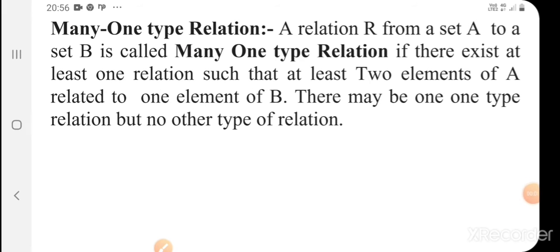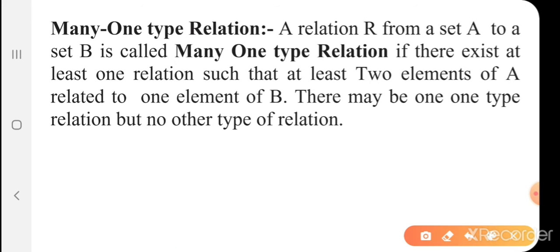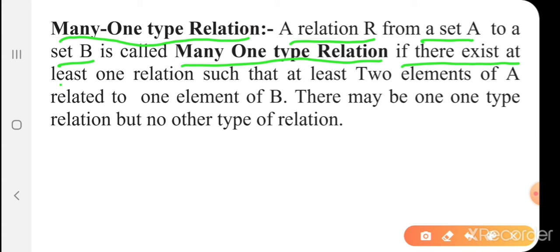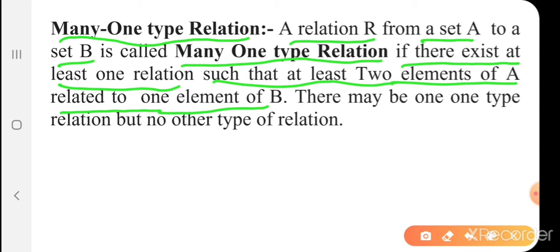Next we discuss the many one type of relation. A relation R from a set A to a set B is called a many one type of relation if there exists at least one element of B that is related to at least two elements of A. There may be one type relations, but no other types of relation.